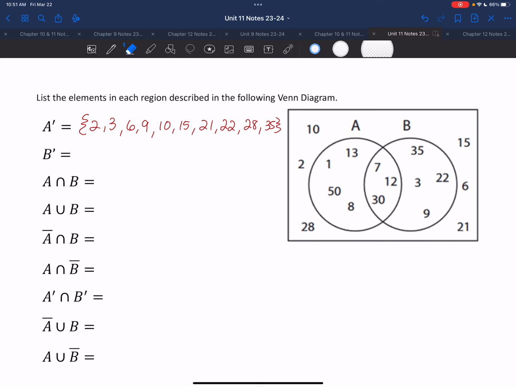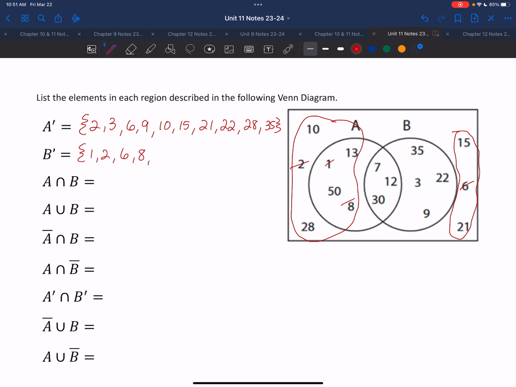All right, not in B. Okay, so that's everything outside of the B circle. So we're going to have all of these numbers and these three numbers. So I've got elements 1, 2, 6, 8.